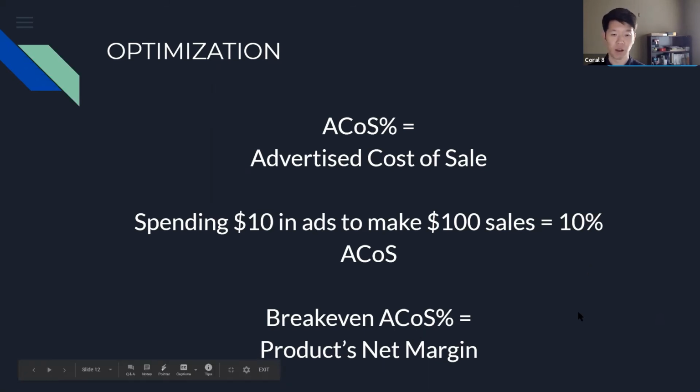Another term that we look at is break-even ACOS, and usually this is identical to your product's net margin prior to considering all the operating costs of your business, like legal fees, accounting fees, HR fees, and so on and so forth.